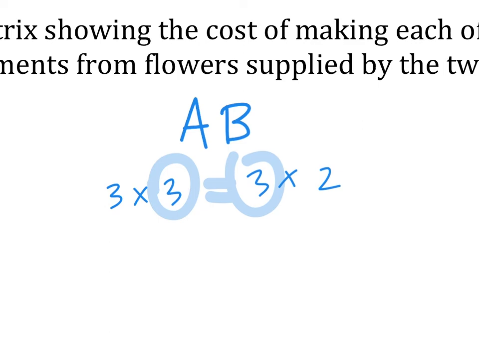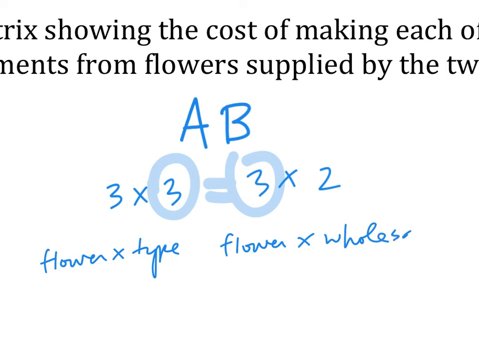Let's look at the actual categories. For matrix A, what are the categories, what by what? Flowers by type. What about matrix B? Flowers by wholesaler. So can we multiply them together?